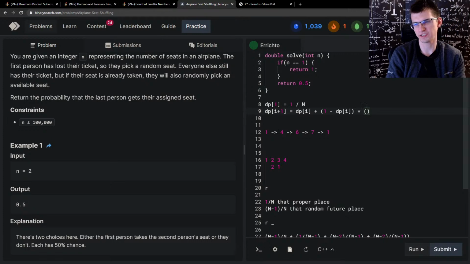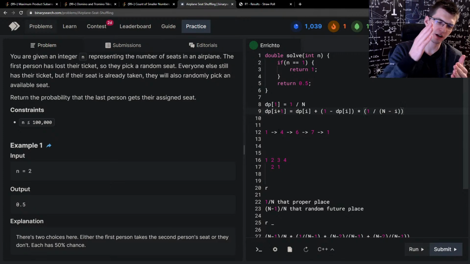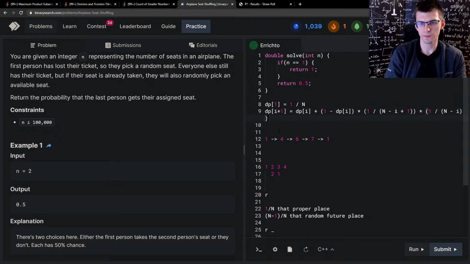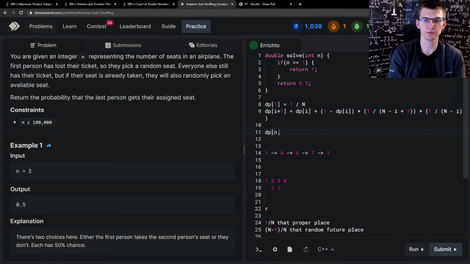The probability for that is something like 1 over n minus I. Out of seats from I forward, we take a random one. That's the probability that he sits here. Maybe it should be like +1 here, I don't know. And at the end dp of n minus 1 is probability that everybody from 1 to n minus 1 sits properly.